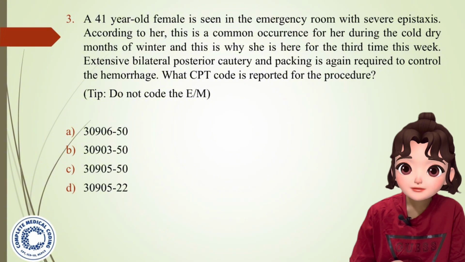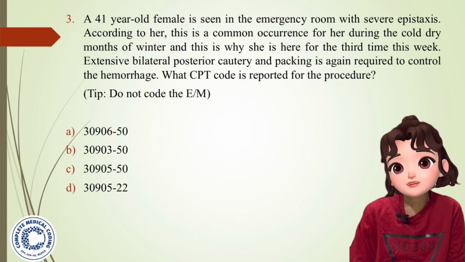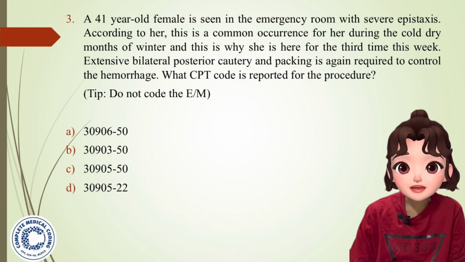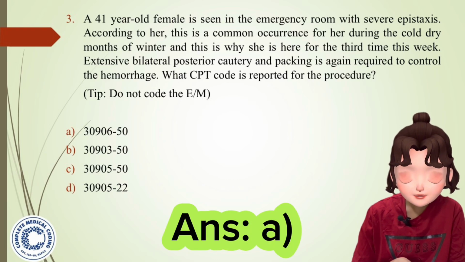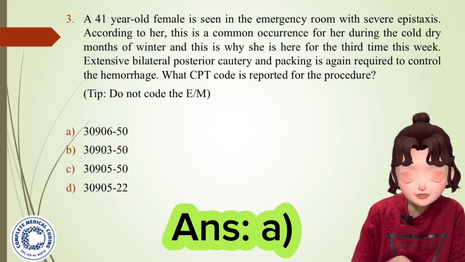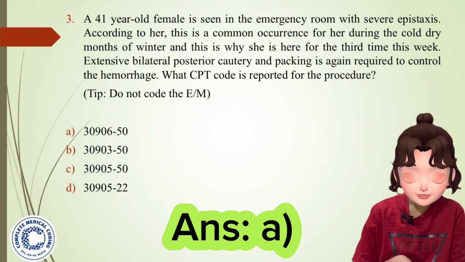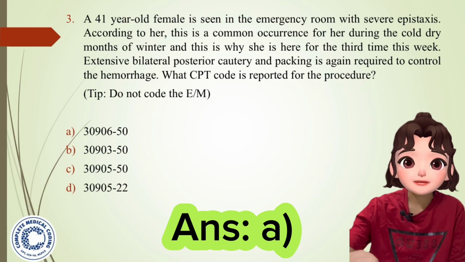So that's also wrong. Again, 30905 is wrong. So you got the correct answer as option A, 30906. Control of nasal hemorrhage, posterior, with posterior nasal packs and cautery, any method, subsequent.